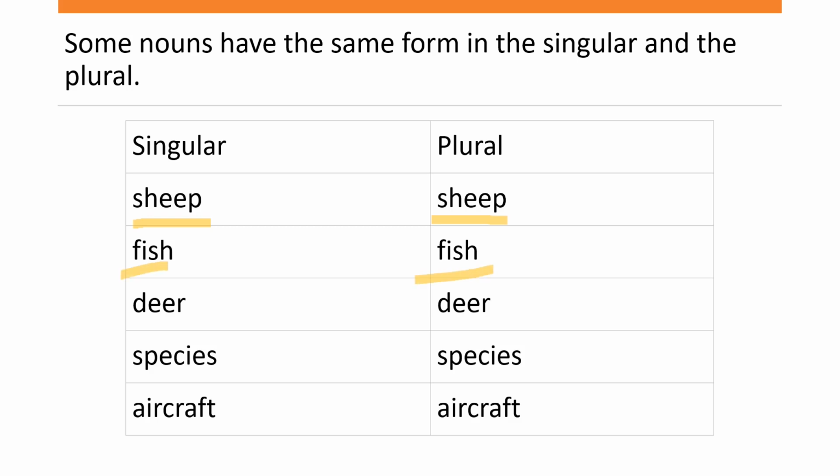Fish, fish. Deer, deer. Species, species. Aircraft, aircraft. So all these words are the same. Both forms are same. There is no change in them.